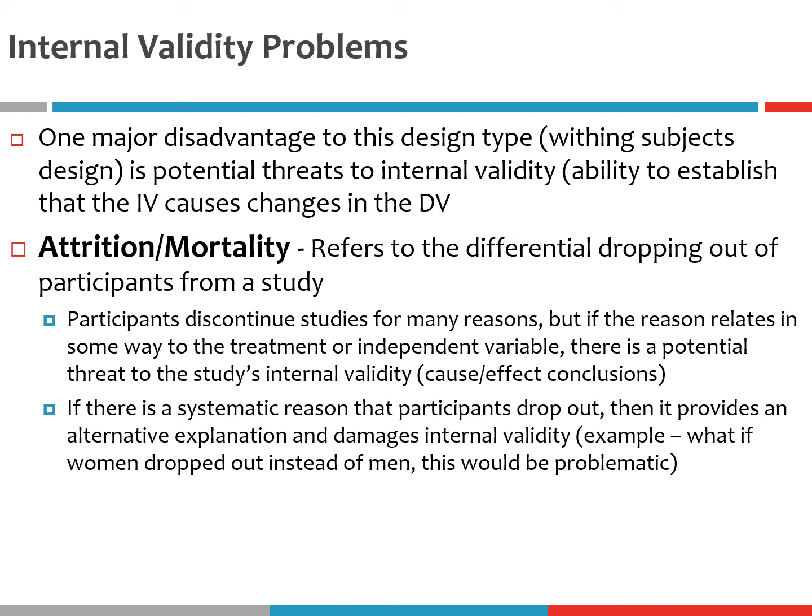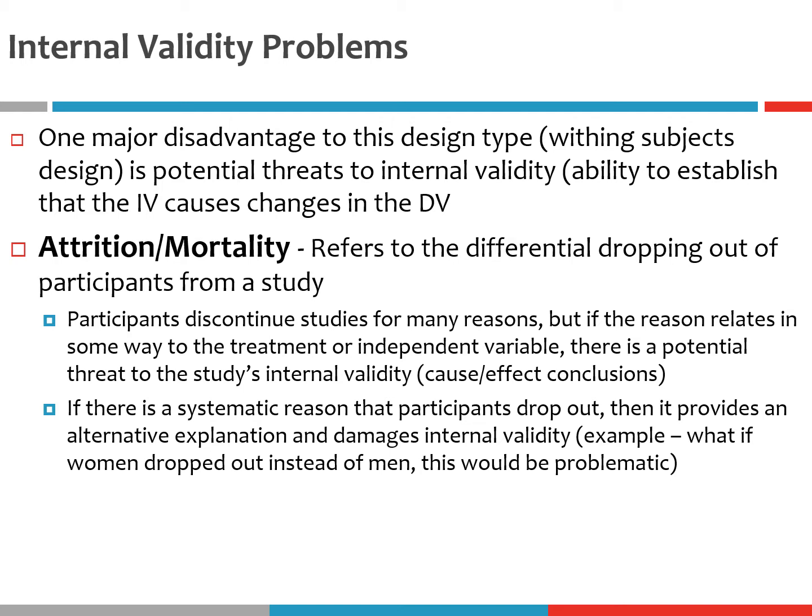So the best case scenario in terms of mortality is that it's random. Like people drop out randomly. That means you have the same or similar numbers of people drop out from all conditions. So in my study, which was meditation versus stress management, my 2 conditions, I would want a relatively equal number of people dropping out, a relatively equal number of men and women, a relatively equal number of different ethnicities, etc. Anything that I think can maybe change the results of my study, I don't want it to affect my study.